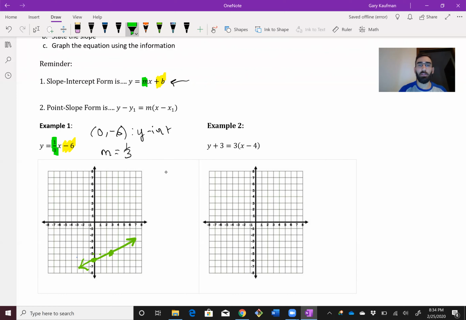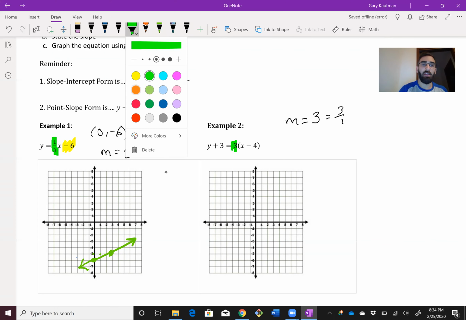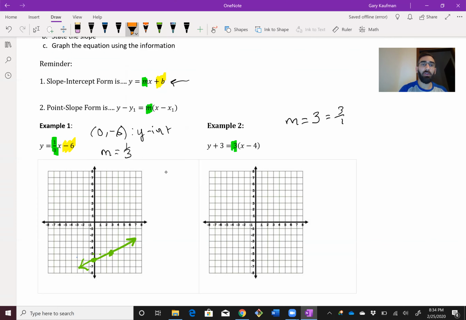Now, I'm going to start with the slope because I already have the highlighter green. So there's the slope, because the slope is the coefficient of the bracket. So therefore, m equals 3. That's the same as 3/1 because we're going to be using that when we're graphing. Now, the issue we come across is that it's a minus y1 and a minus x1. Well, here we have a +3 and a -4.